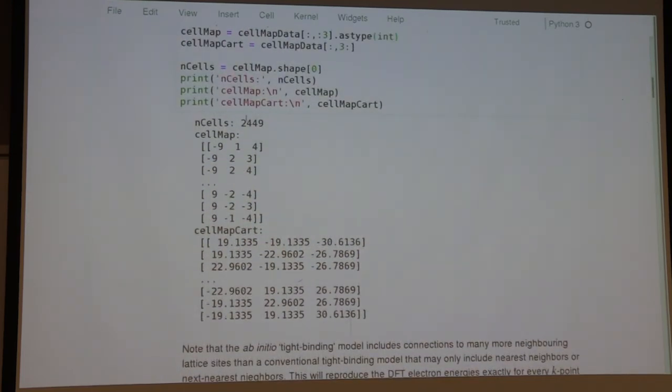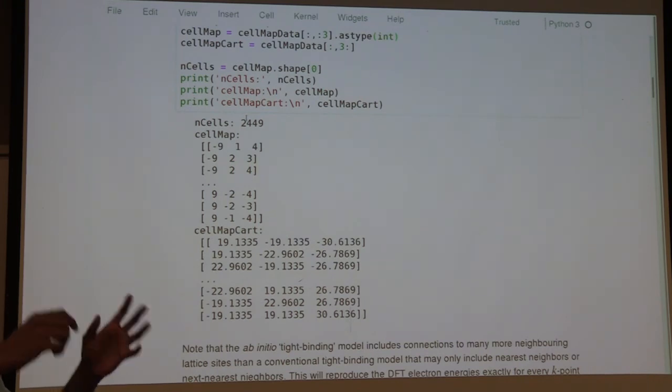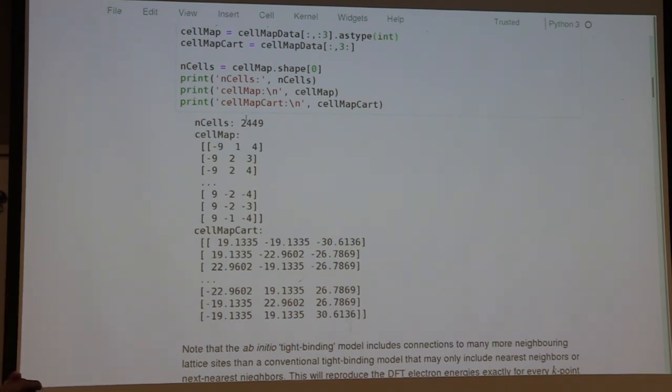Because of this, what you get in this Wannier Hamiltonian is an exact reproduction of all electronic properties if you were to recalculate it at specifically the K points that you calculated, but it's an interpolation everywhere in between. Whereas if you were doing a conventional tight binding model, you would be fitting and throwing away a lot of data, and you wouldn't be able to capture the band structures and so on exactly.